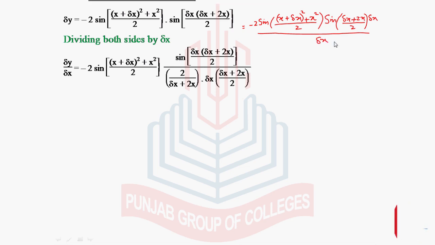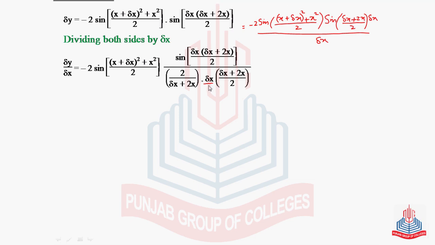As we mentioned in our previous step, this delta x will be divided only on this part, as this portion is already giving an answer here. So we have this minus 2 sine x plus delta x whole square plus x square divided by 2 as it is, and this delta x along with this sine delta x plus 2x divided by 2 delta x will be like this. This delta x is actually our dividing both sides by delta x thing.